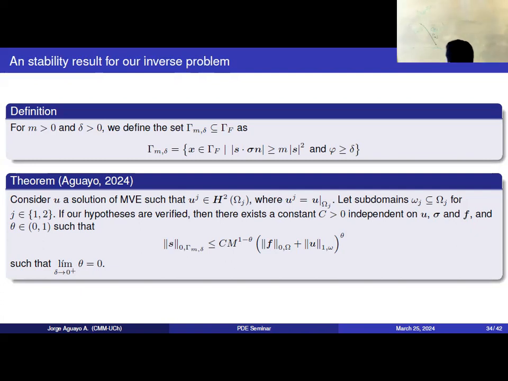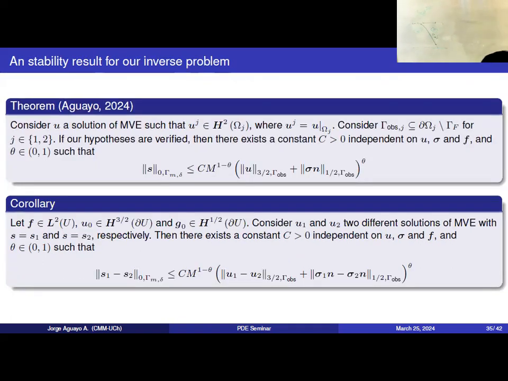But it's not solving my problem. I have internal measurements, and right now I have measurements here, on the boundary. The idea is using some results to extend the fault here.